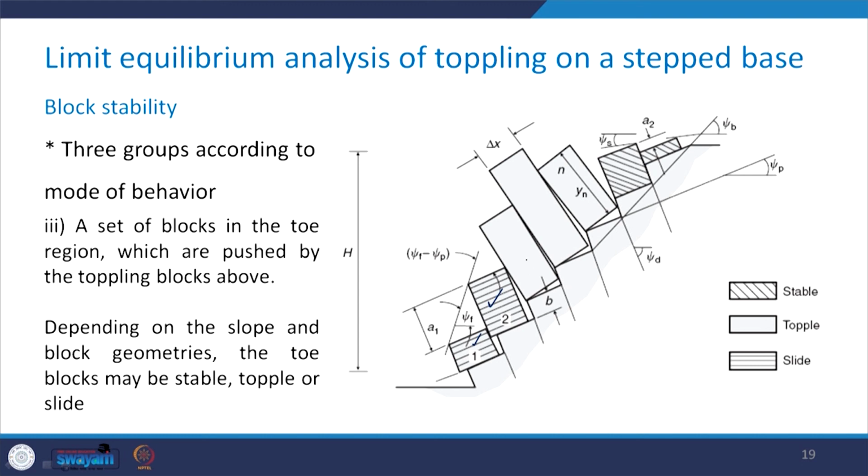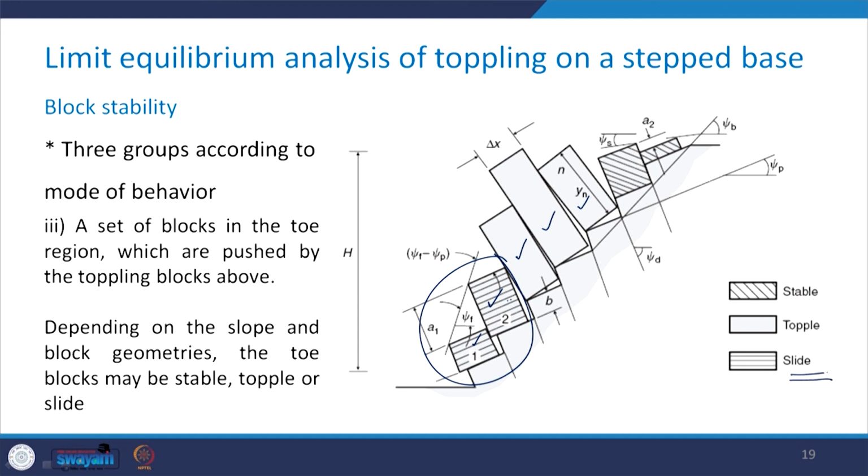So, let us say these 3 blocks in this figure are the toppling blocks. These will push these 2 blocks which are lying in the toe region, and therefore these will experience sliding.